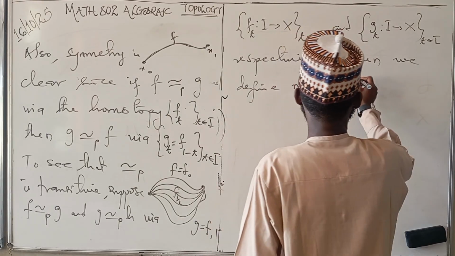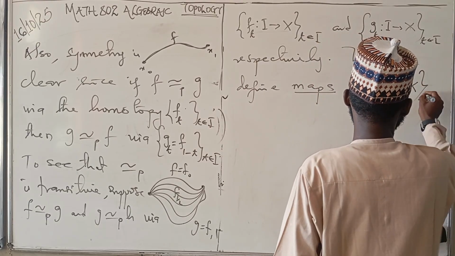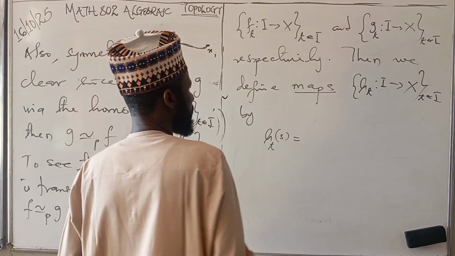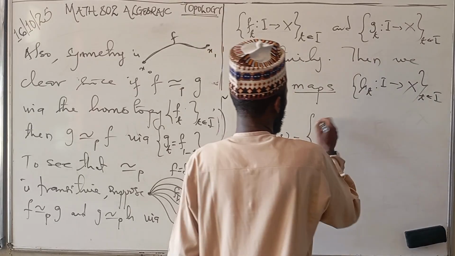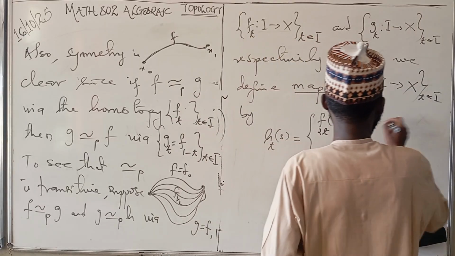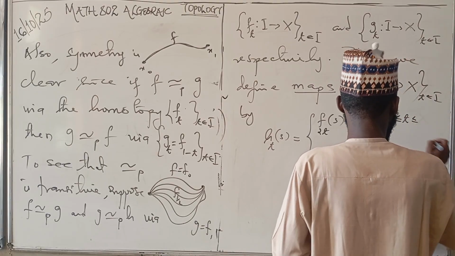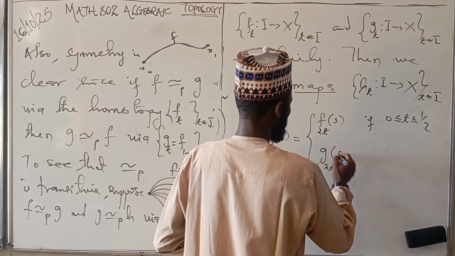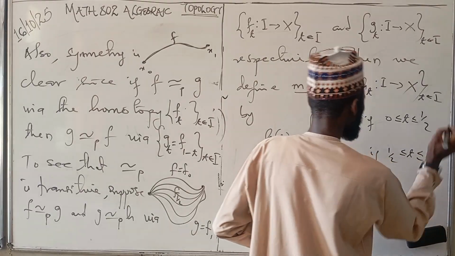So the family of maps Ht from I to X by Ht of s to be equal to F2t of s if t is from 0 to half, and it should be G2t minus 1 of s if t is from half to 1. Okay.